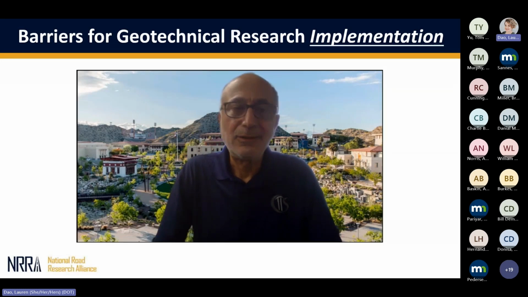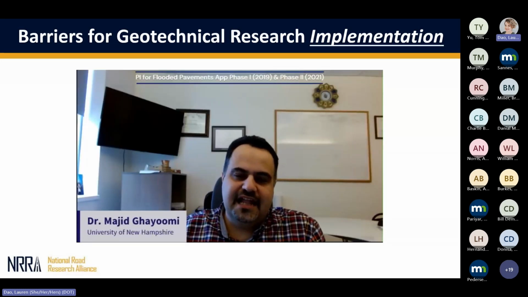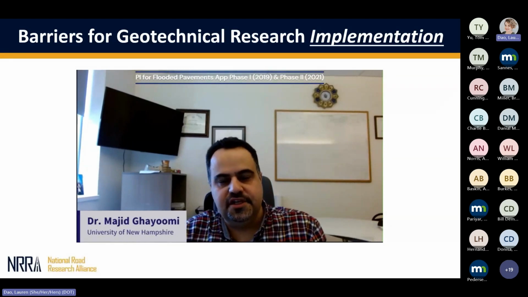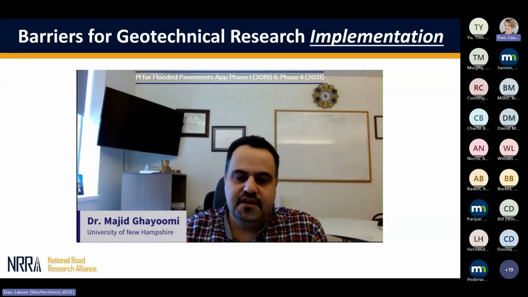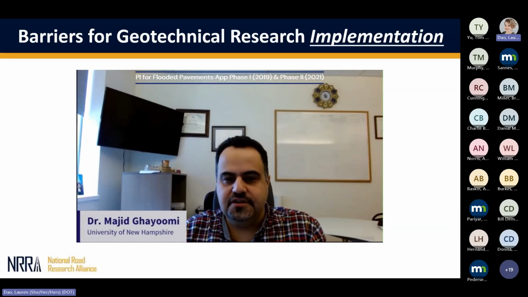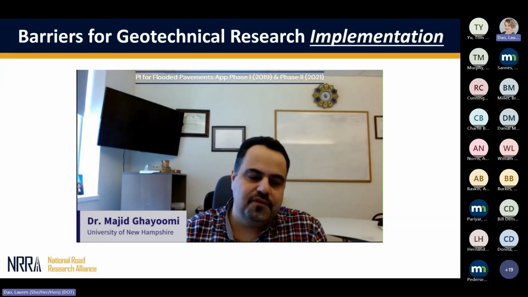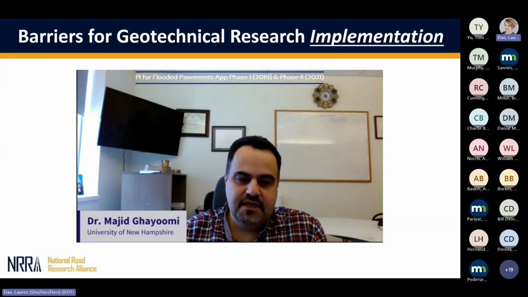I think that the main challenge is the direct collaboration between the industry and the researcher. Often when researchers write a proposal, that discussion starts and then it goes away until the end of the project when they want to really implement.